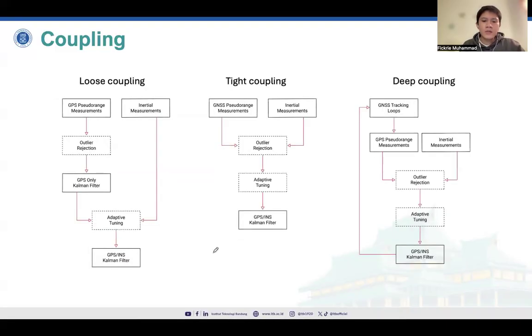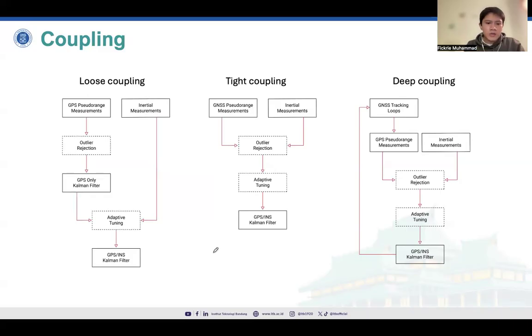So here, for example, the coupling between GNSS measurement with the inertial measurements. We can change that into acoustics. For example, here in the loose coupling, the GPS provides only pseudo range measurements instead of positioning.